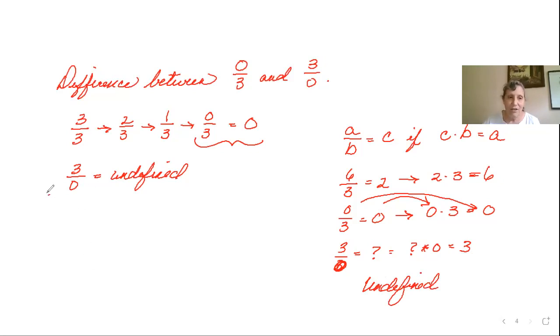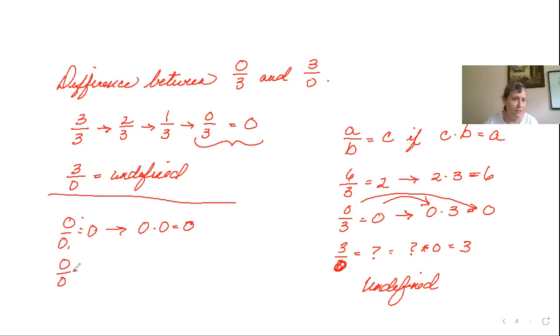I'll show you another cute one. What if we had 0/0? Well, that equals 0, right? Since 0 times 0 is equal to 0. But wait a minute. Anytime you have a fraction where the top and the bottom are the same, that's equal to 1, right? So 0/0 ought to equal 1.